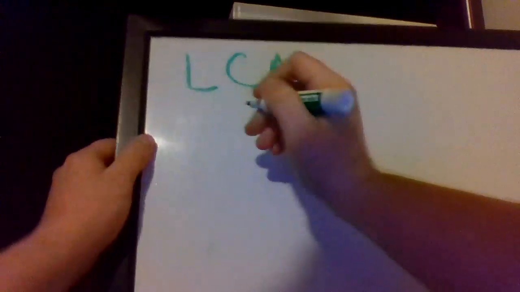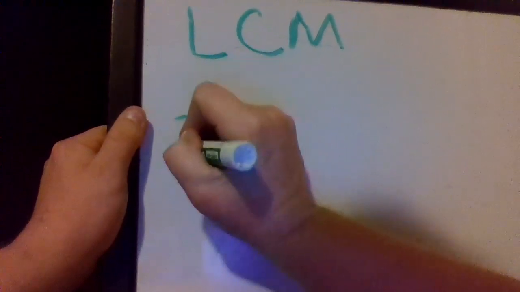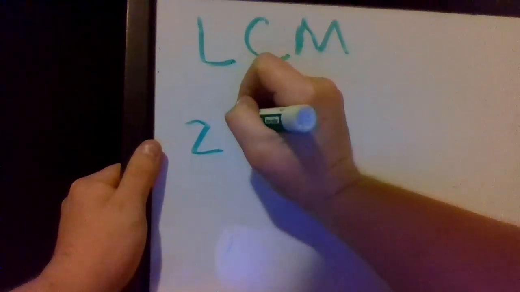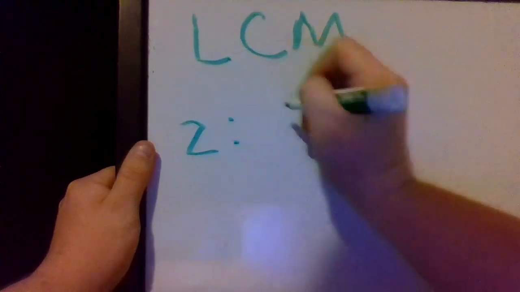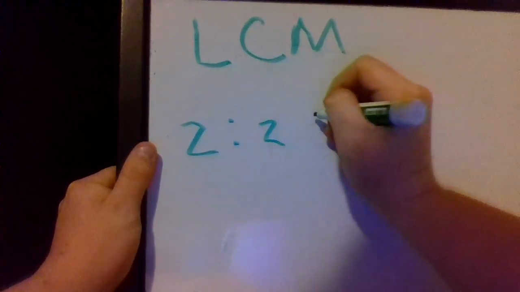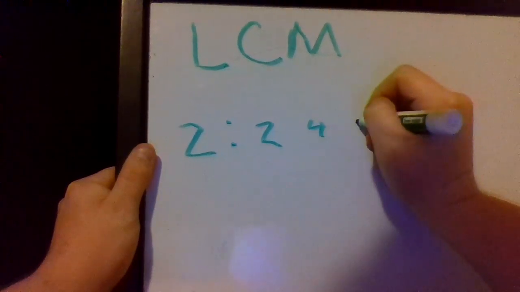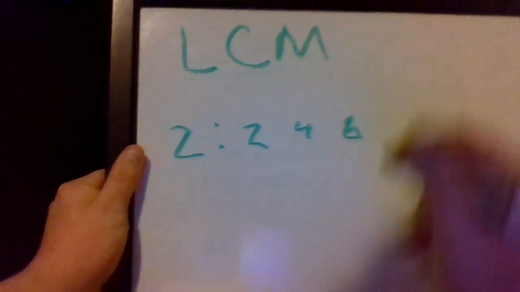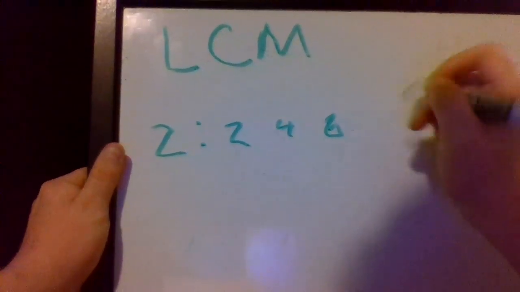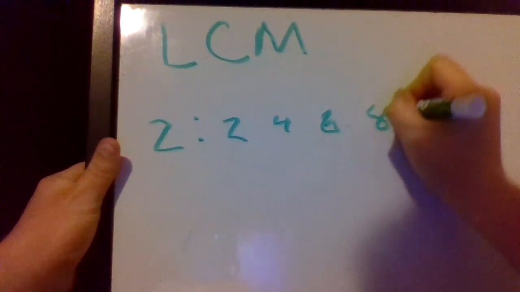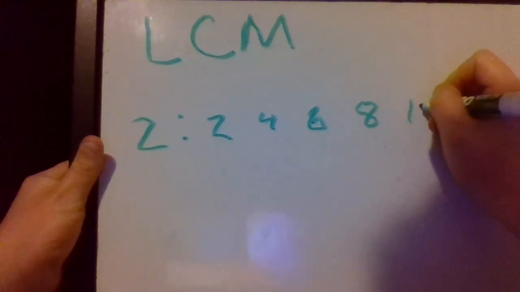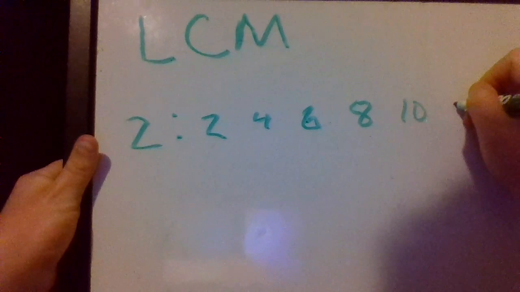So, if we're looking for the common multiples of 2, for instance. So I just said if we do 2 times 1, we get 2. 2 times 2 is 4. 2 times 3 is 6. 2 times 4 is 8. 2 times 5 is 10. 2 times 6 is 12.